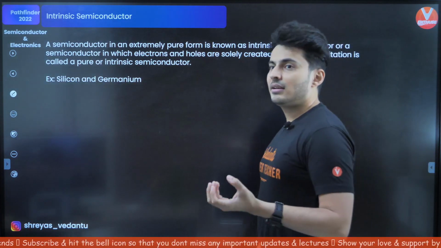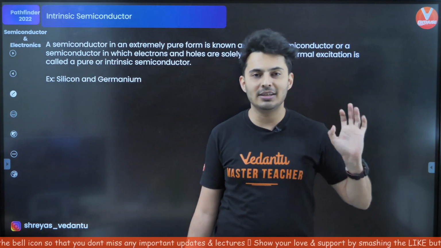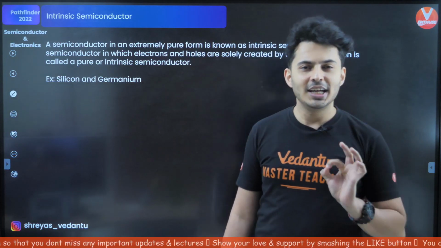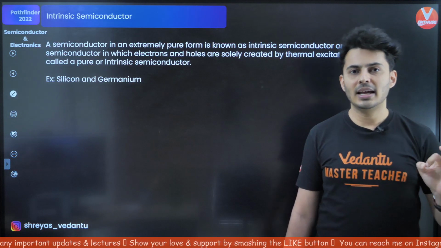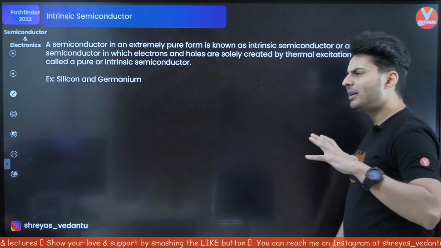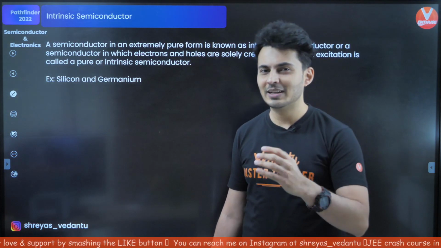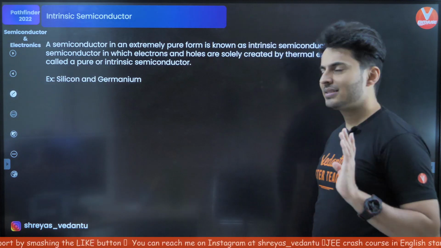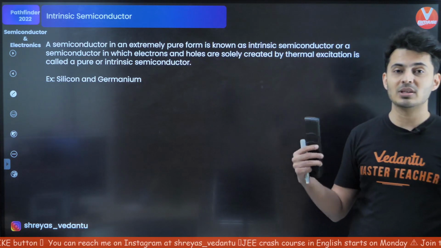These semiconductors are pure semiconductors. There is no adulteration, there is no mixing. It's just pure semiconductors, and they have some decent amount of conductivity, not as good as a conductor, but not as bad as an insulator like paper or wood. Best examples: germanium, silicon.